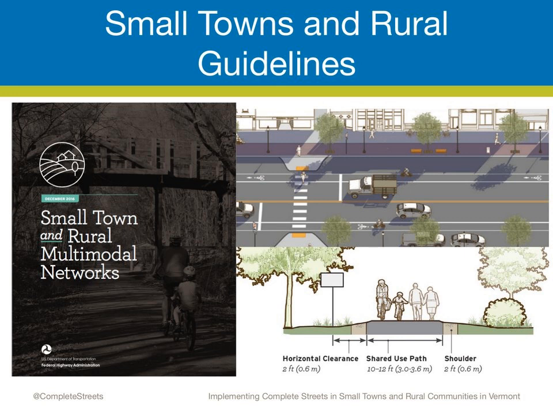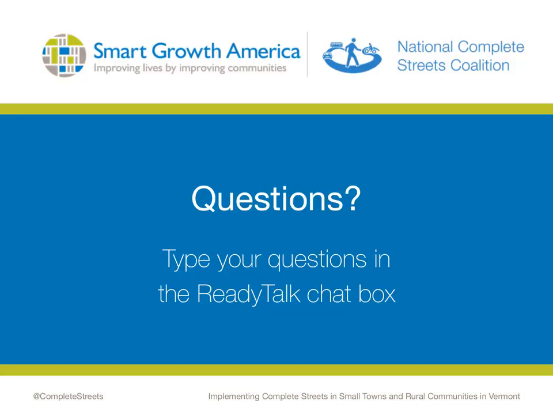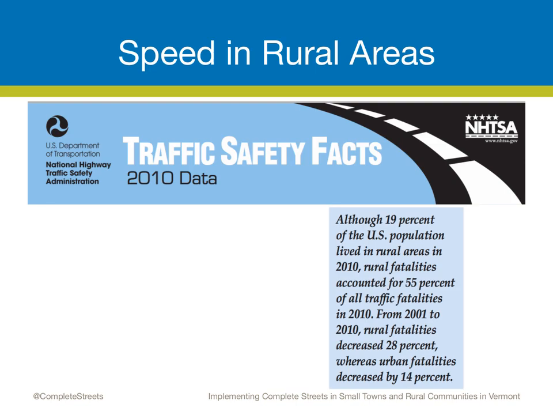So the buffer would be extra width you would need between the edge of the bike lane and where the travel lane is. That buffer width can vary, but typically it's not less than 2 feet. So even with 4 feet plus an extra 2 feet, it might be better just to mark it as a 6-foot wide bike lane, for example.